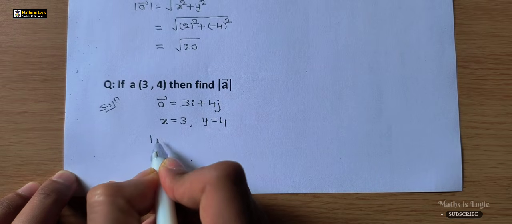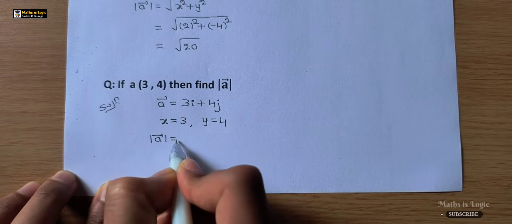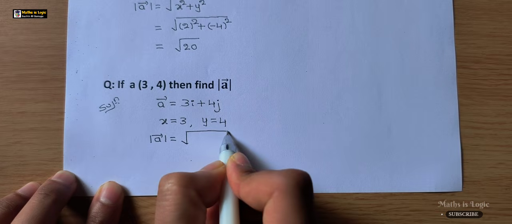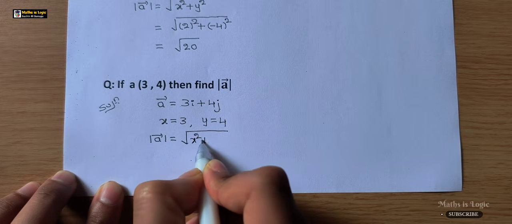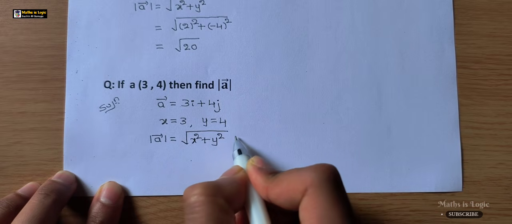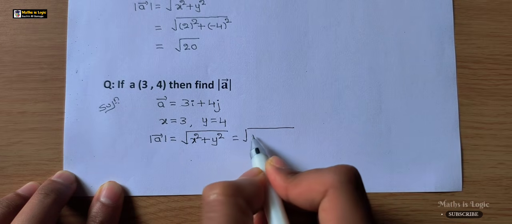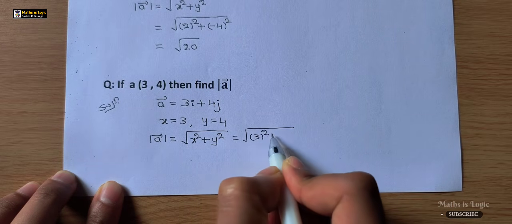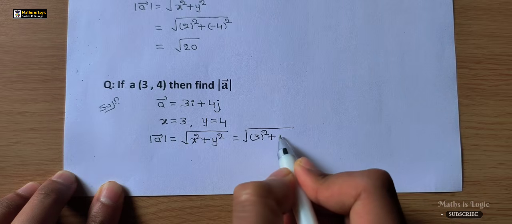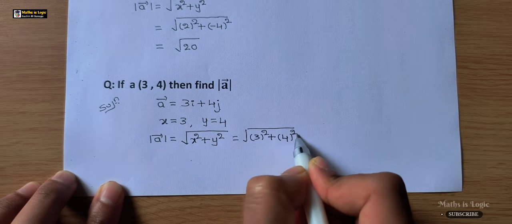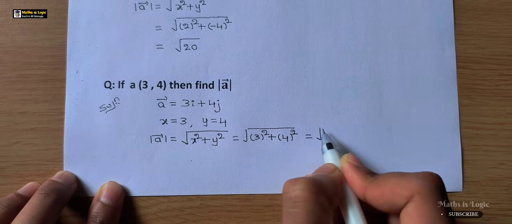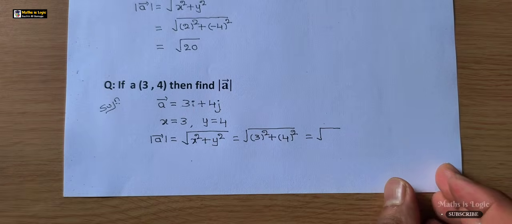So after that, apply the formula, magnitude of A is equal to square root of x square plus y square. So which is equal to square root, keep it as it is, substitute x value 3 square plus substitute y value 4 square. So which is equal to, again square root, keep it as it is.